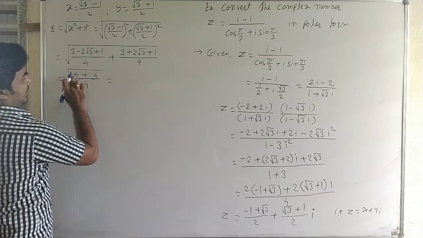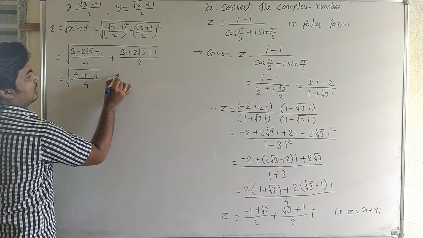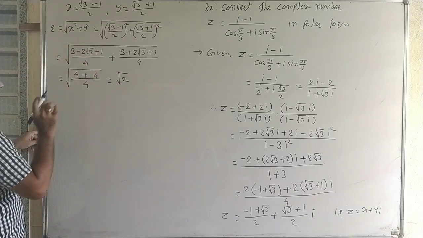Now it is 8 upon 4, which is √2. This is the value of r.